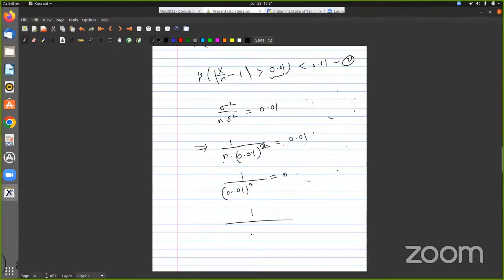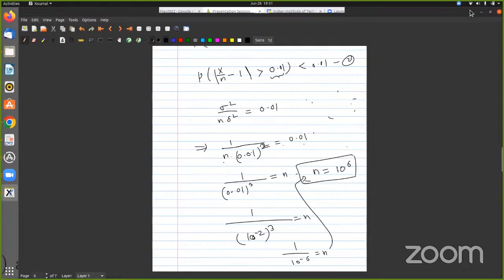So this 0.01 I can write as 10 to the power minus 2, and this cube. By this property the powers multiply, so this will become 1 upon 10 to the power minus 6 equal to n. Now taking it to the other side, n equals 10 to the power minus 6 in the denominator, so when it comes to the numerator, it will become 10 to the power 6. Yes, sir, thank you.